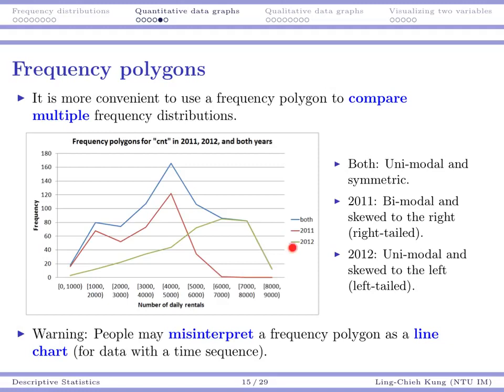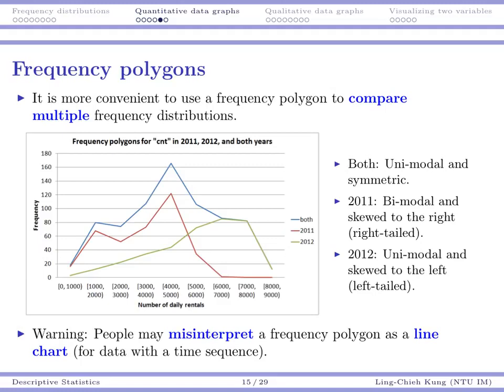So that's why in 2012, you can see that most of the daily rentals fall in the regions that are quite high. There are many days that have around 6,000 daily rentals. There are many days that have around 7,000 daily rentals. But for 2011, most daily rentals are still around 4,000, or even a lot are around 1,000 or 2,000.